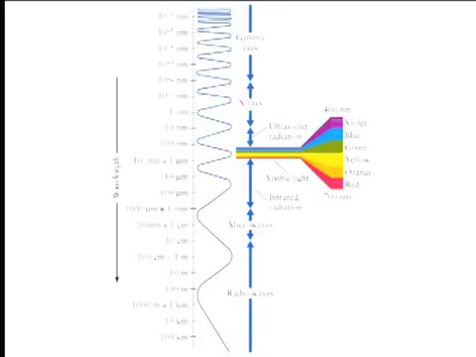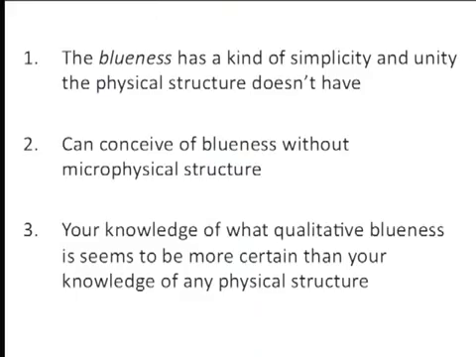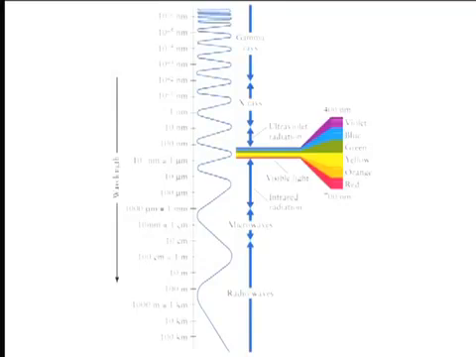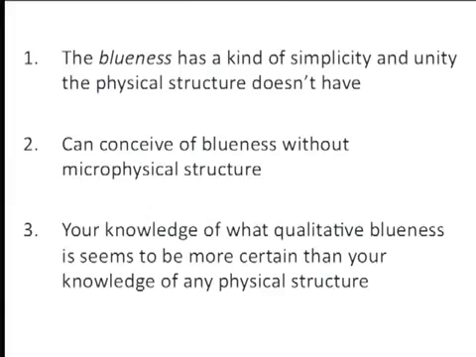On the face of it, it seems like Locke and Russell are agreeing that qualitative stuff is a characteristic of the sensation. And it can't be just the same thing as the physical structure. The blueness has got that kind of simplicity and unity. The physical structure is pretty complex. I mean, that's a very simple representation of the physical structure. But any unitary color like blue or green or red seems to have a kind of unity and simplicity that the physical structure doesn't have.